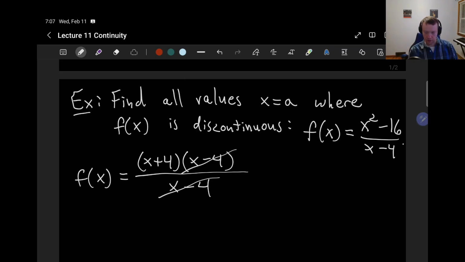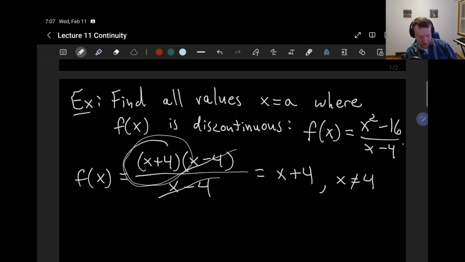Factor, and we see that there's some cancellation. We need to be a little bit careful here. This means that this function is equal to x plus 4, but with a small condition. This is true as long as x is not 4 itself.